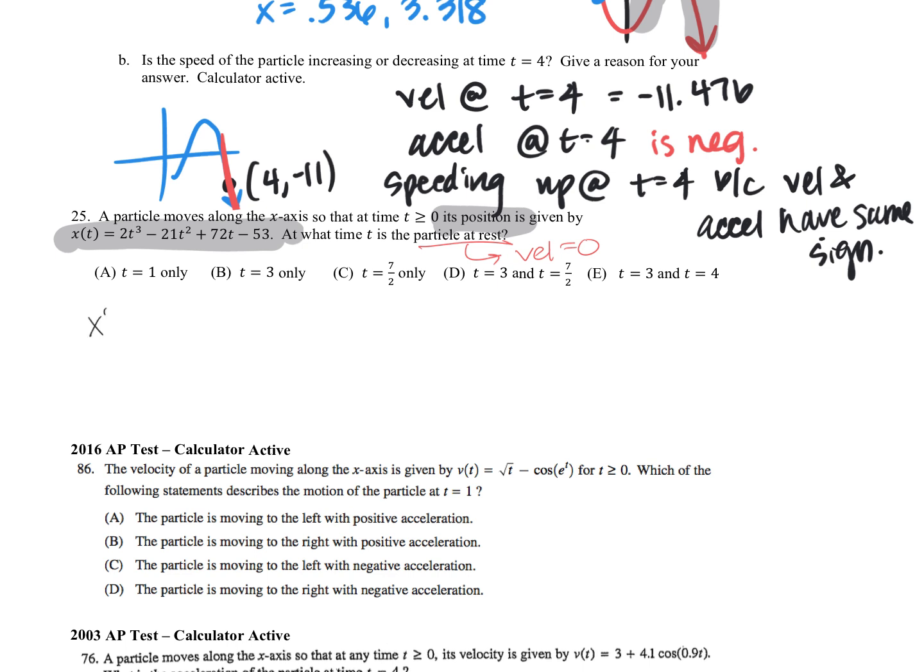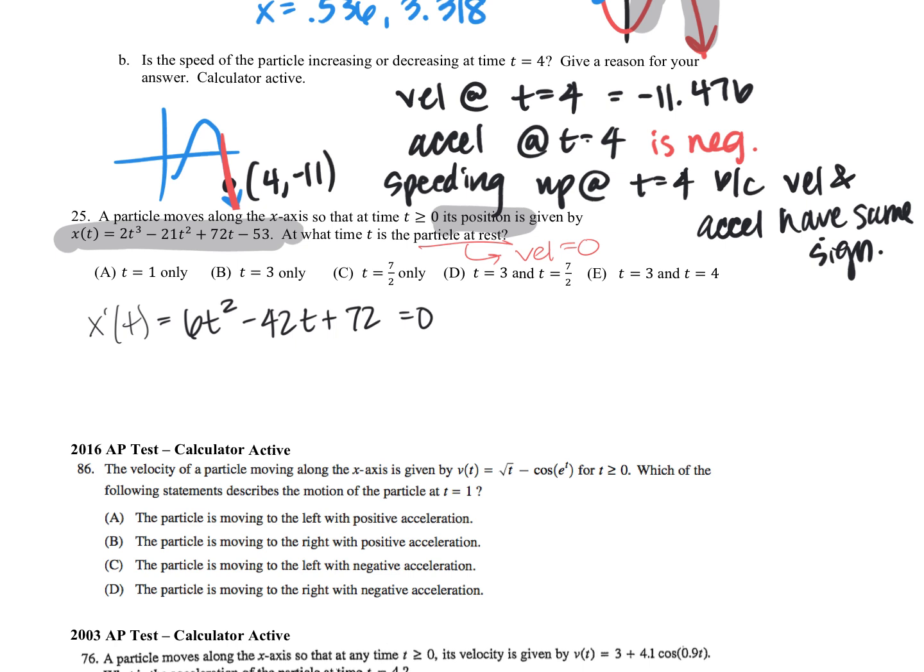Let's go find x prime of t. X prime of t is going to be what, y'all? 6t squared minus 42t plus 72. If we have to set this equal to 0, we would have to use the quadratic formula if we left it like this. Could we factor something out instead?